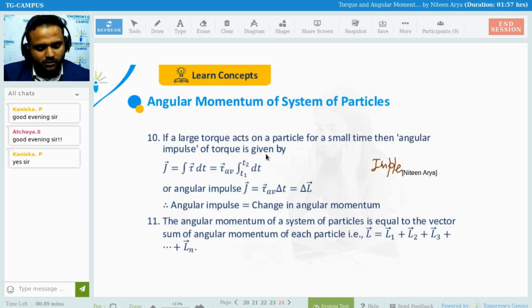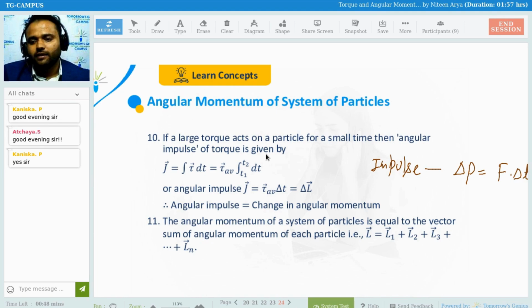A large force acting for a small time, force times delta t, which is the change in momentum. In the same sense, we have impulse in the angular, or rotational, aspect. That is angular impulse, J, average torque times delta t, which is the change in angular momentum.